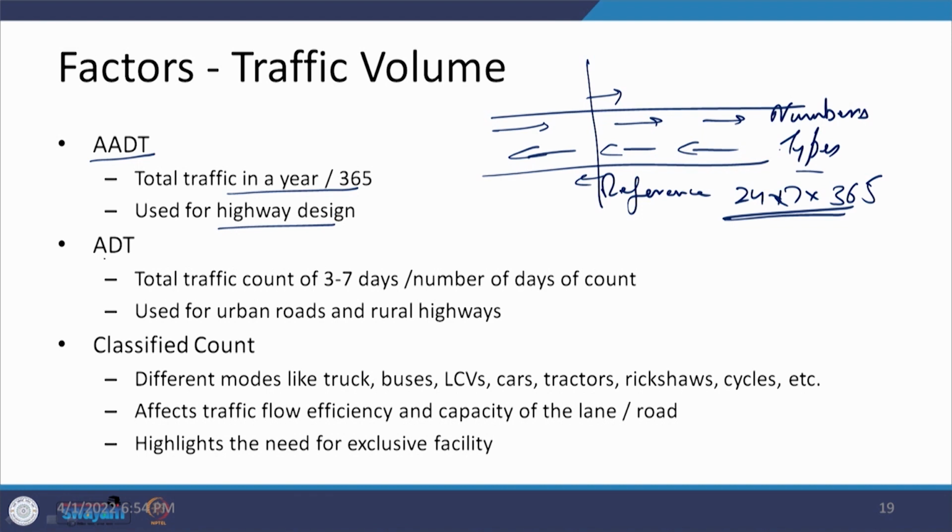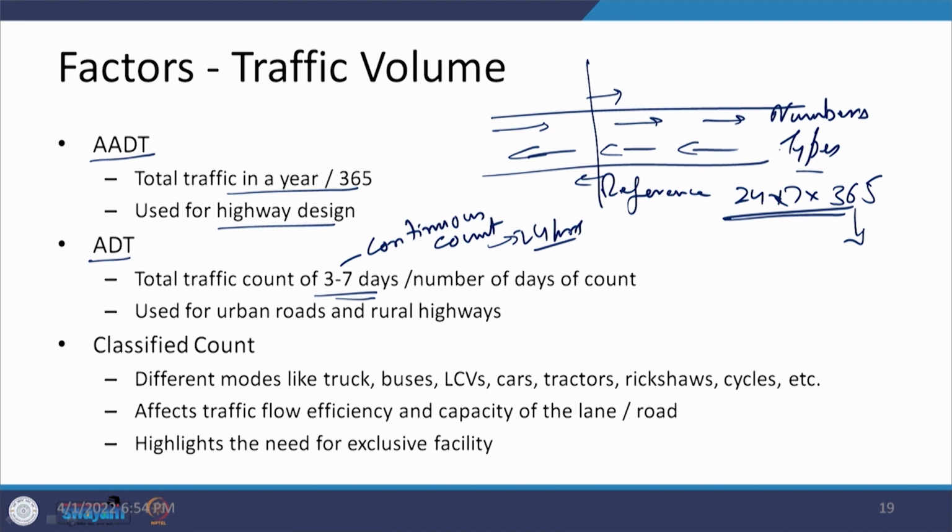When you talk about only ADT, then what we do is that instead of going for 365 days, we will go only for a 3 to 7 days time period, but again this is a continuous count for those 3 to 7 days, means you are doing it for 24 hours a day.